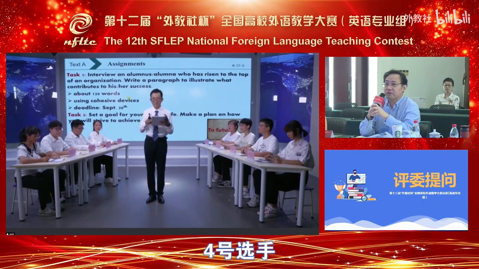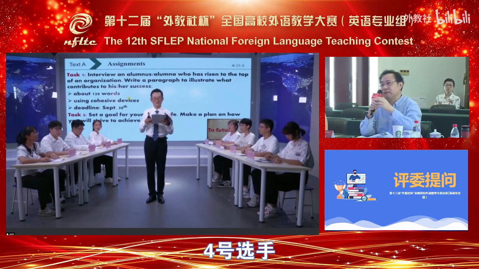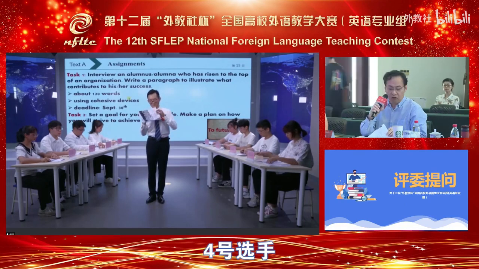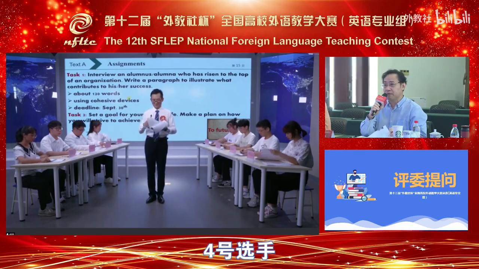The first question is about logic and coherence. You say the last paragraph is the concluding part, and it echoes the first paragraph. If we look at the first sentence, Connie has been ambitious for as long as he can remember. Notice the word here, he has been ambitious.